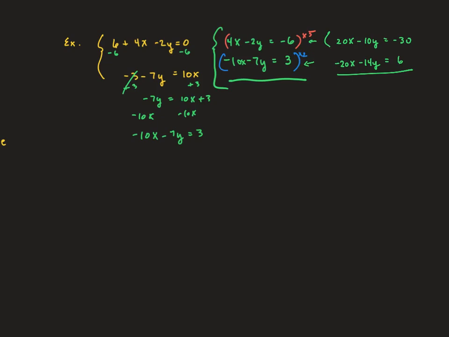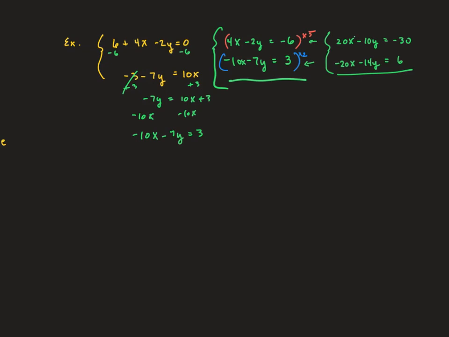So there you have it. There's my new system after I've done some multiplication. And you may notice that by doing that, I created the opposite coefficients that I was looking for. I multiplied both lines by something to meet that least common multiple.